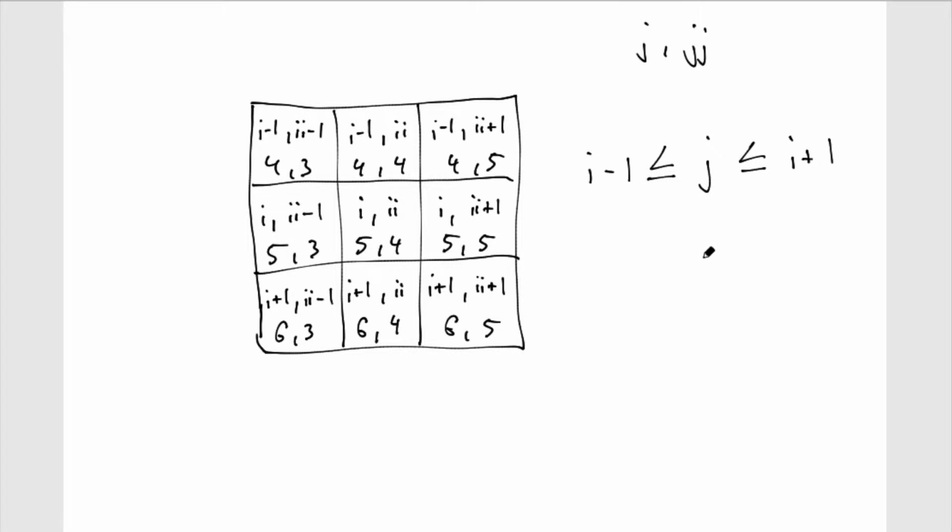The same is true for JJ, right? The exact same thing, except here we would have II minus 1 as the minimum value, and here we would have II plus 1 as the maximum value.